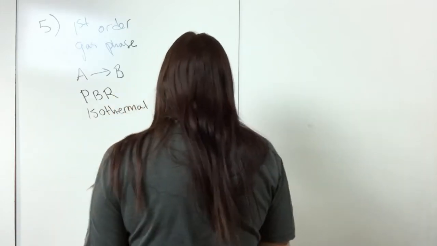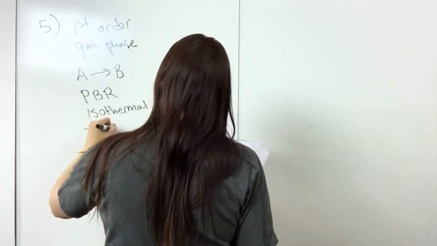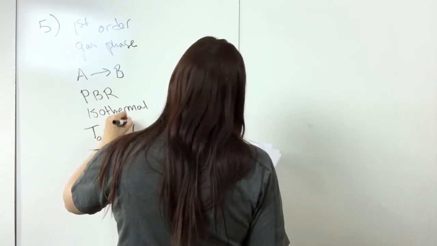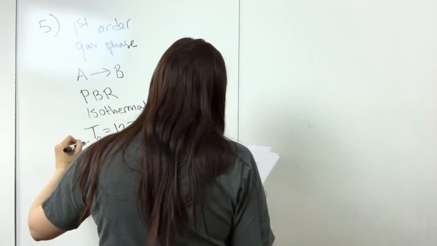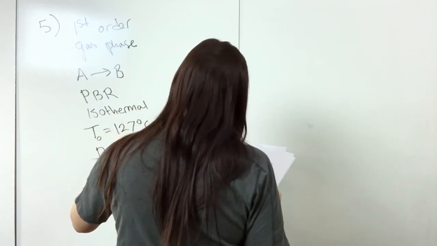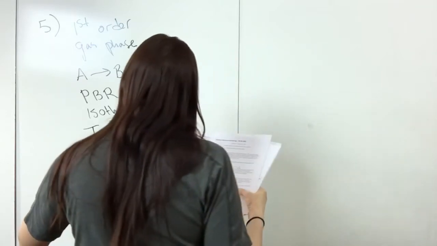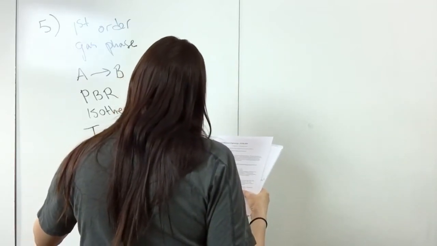The temperature of the reaction is 127, so T naught is 127 degrees C, and P naught is 5 atmospheres. The volumetric flow rate is 5 liters per minute, so V naught equals 5 liters per minute.